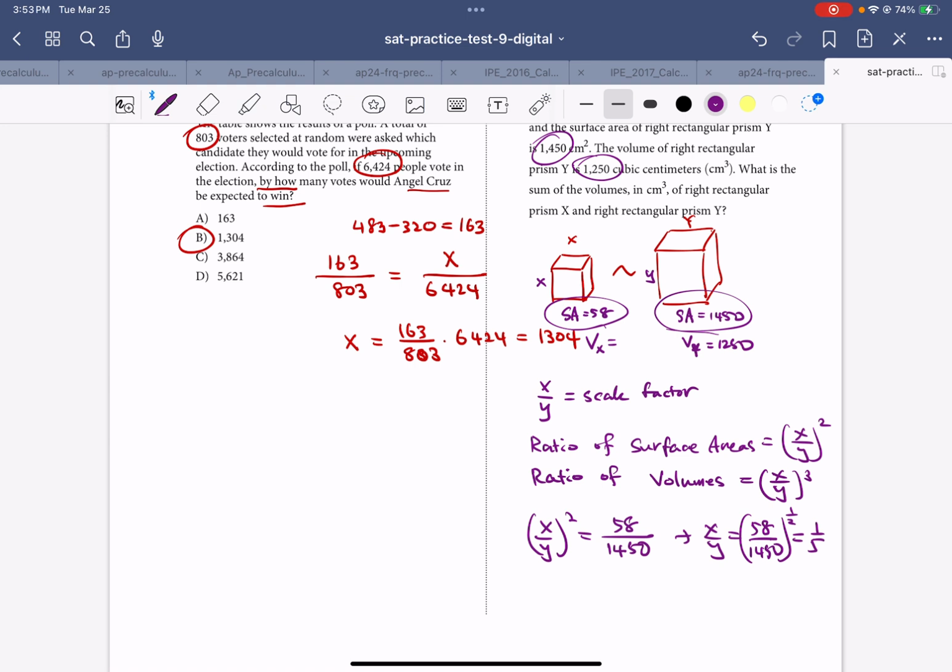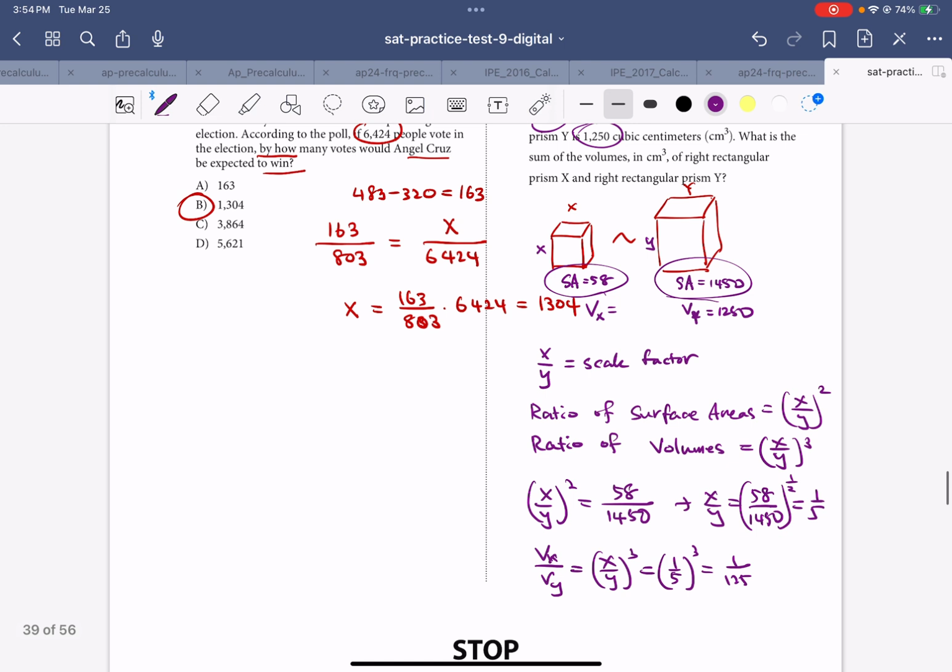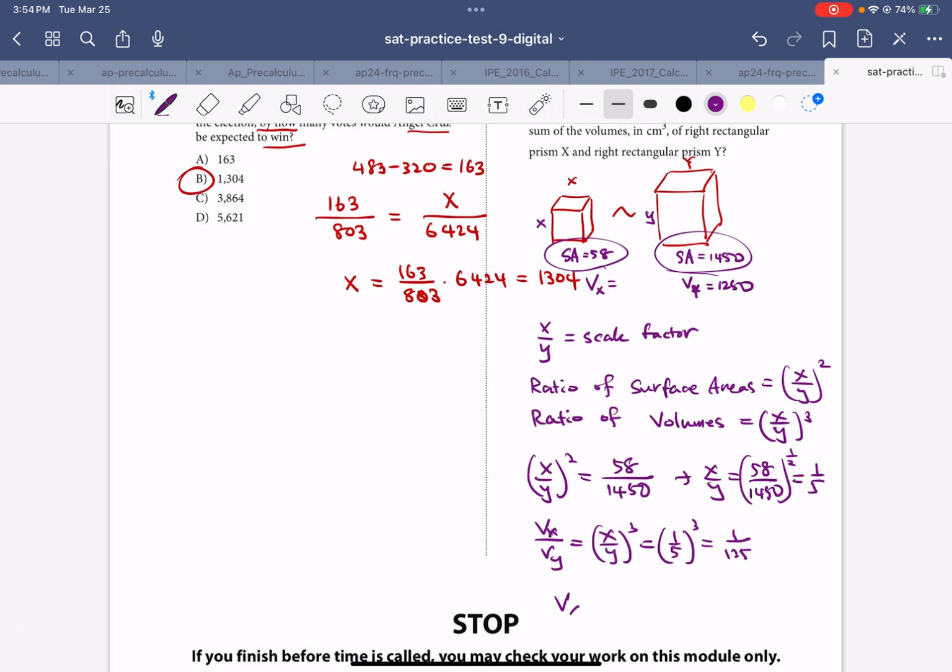Now, to find the volume of X, Vx over Vy is the scale factor cubed, so 1 over 5 cubed, which is 1 over 125. So Vx is 1 over 125 times Vy, and Vy is 1,250, so Vx is simply 10.